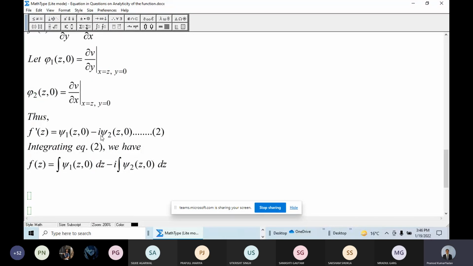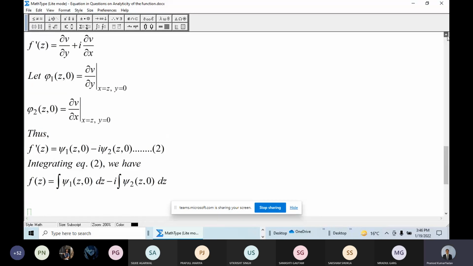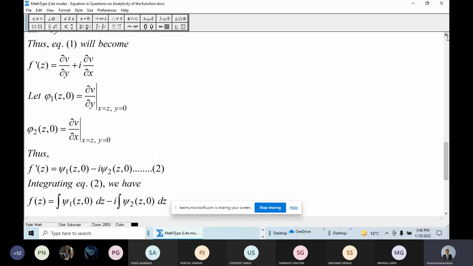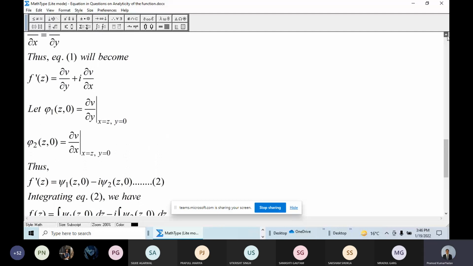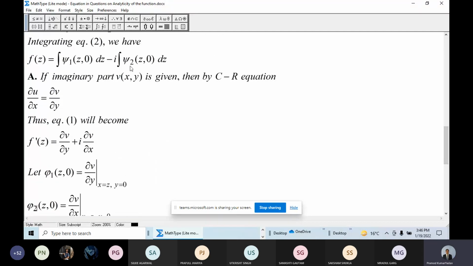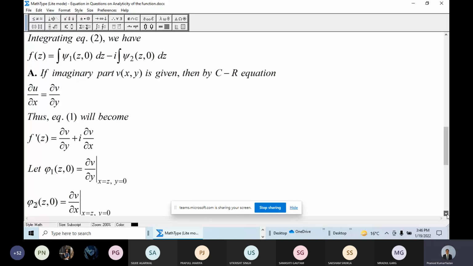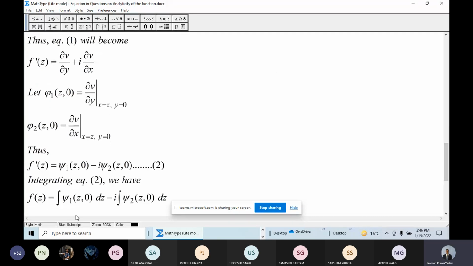Okay, so please be careful here. There is a change between the first one and the second one. In the first one, f dash z is psi 1 z0 minus i times psi 2 z0. But in the second case, when the imaginary part is given, both are in plus sign. It is going to be plus here: phi 1, then phi 2, but in place of minus, it is going to be plus.